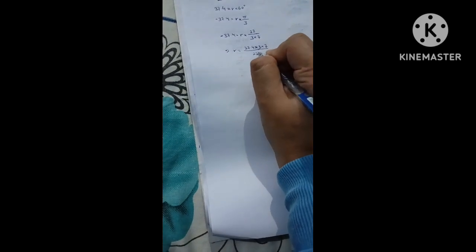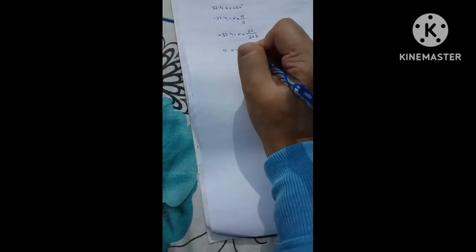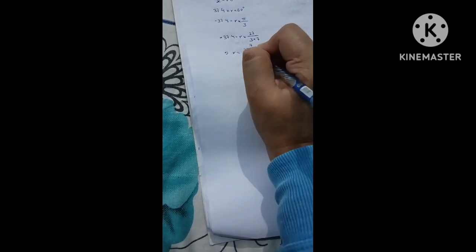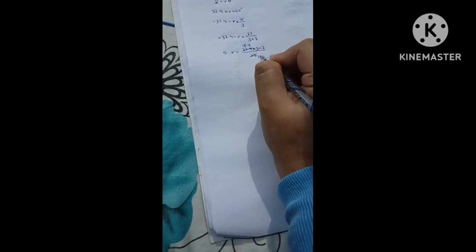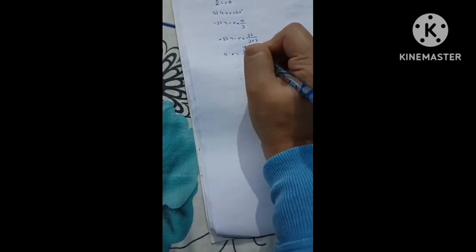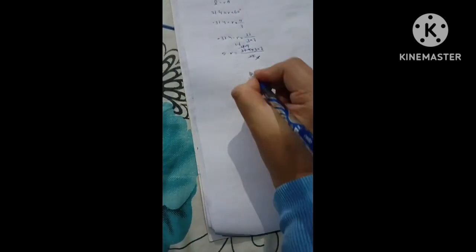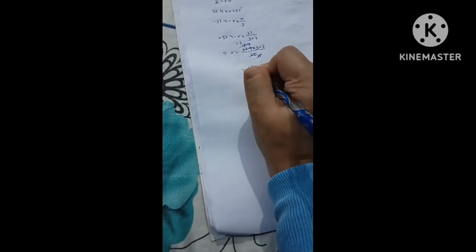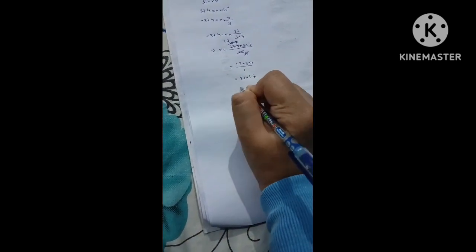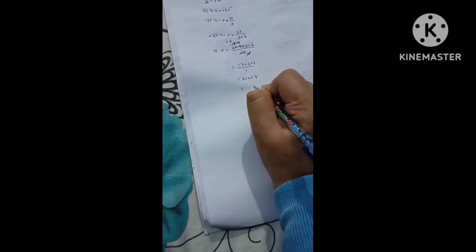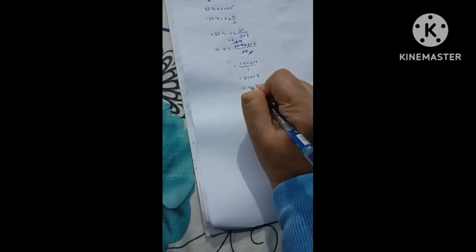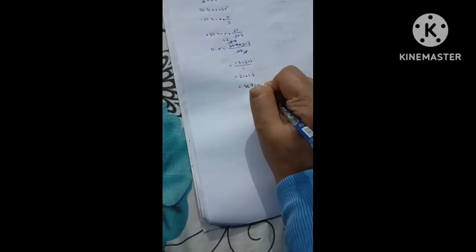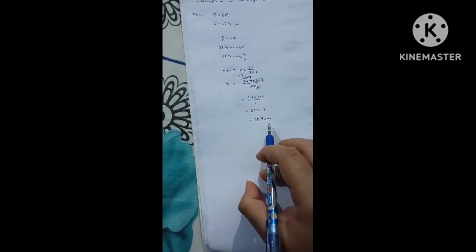Let us simplify this. So the radius of the circle will be 35.7 centimeters.